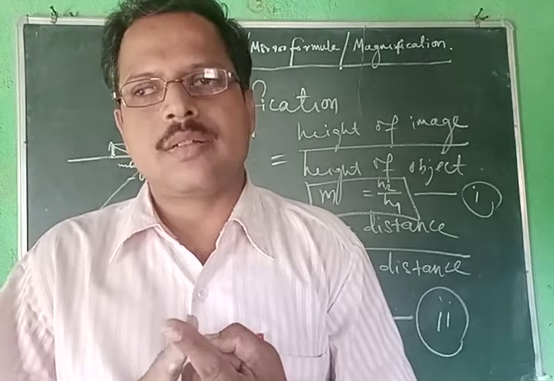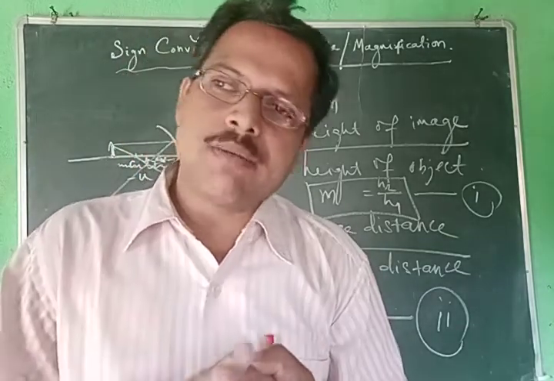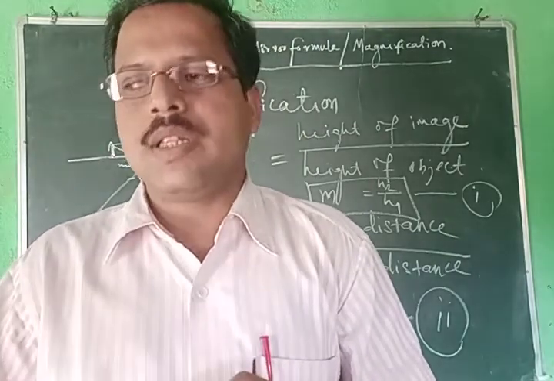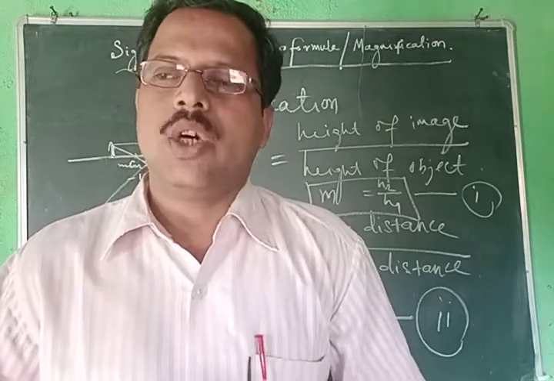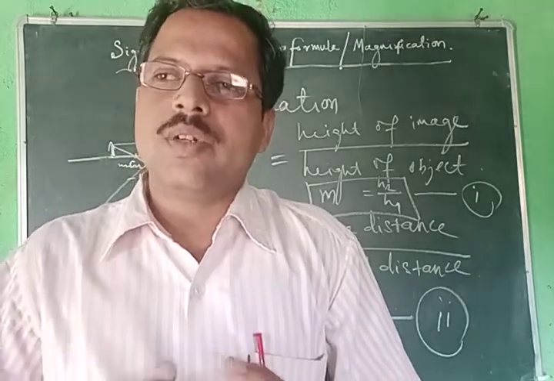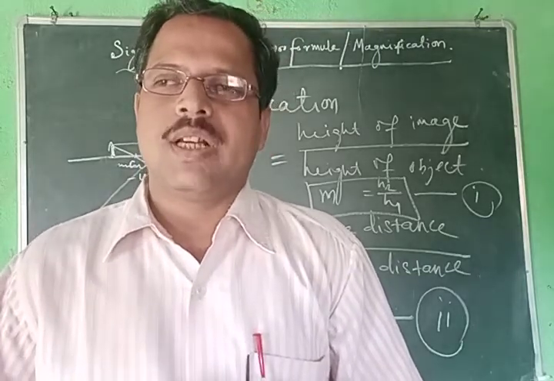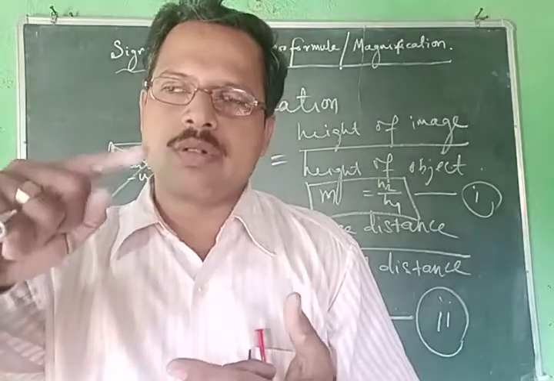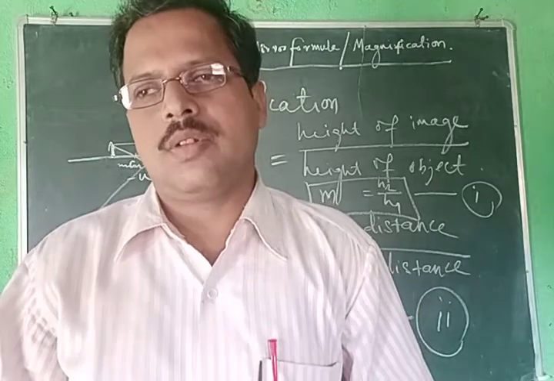To the left side, negative, right side, positive, or in the direction of incident ray, positive, against the direction of incident ray, negative. Next, height. While measuring heights, we start measuring from the principal axis, and while going upward, the positive sign is used, and when going downward, the negative sign is used.